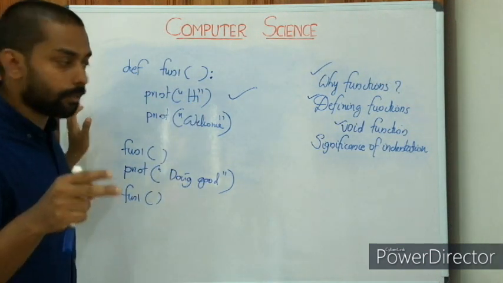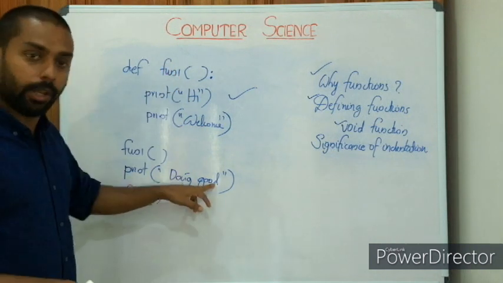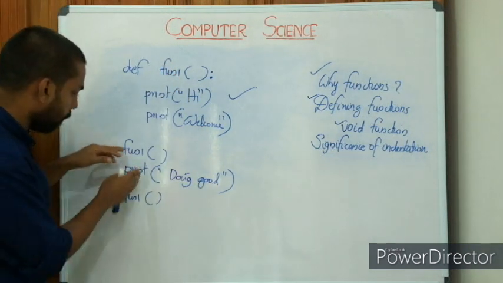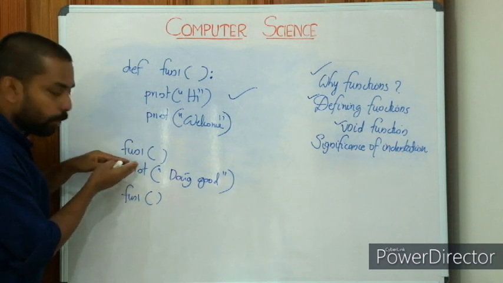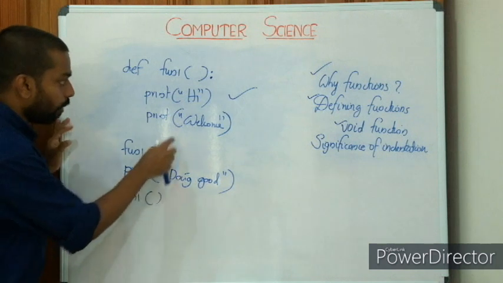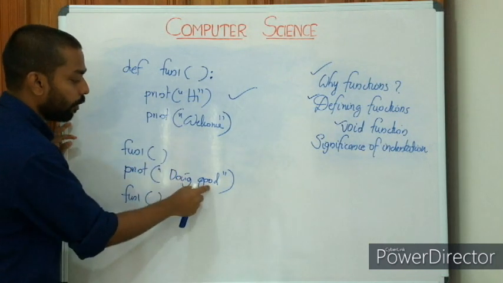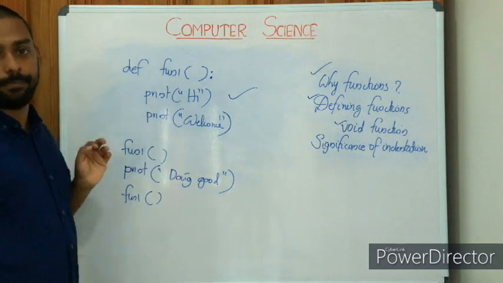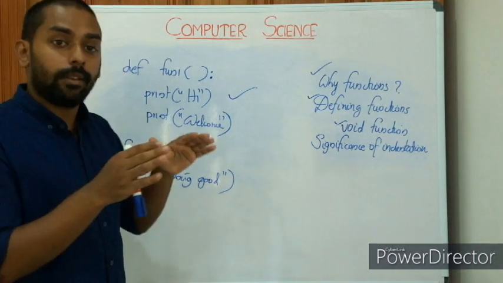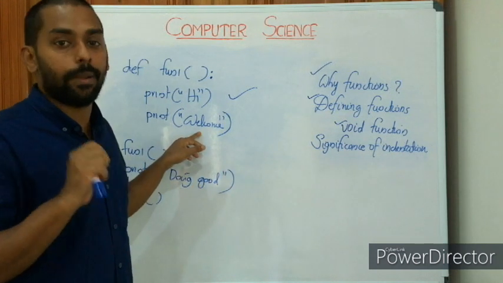The difference is that the output will be hi welcome, then it prints doing good, because we have a print statement in between the fun1 calling statements. So the result is hi welcome, then doing good, again hi welcome.